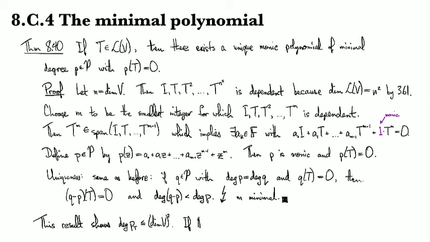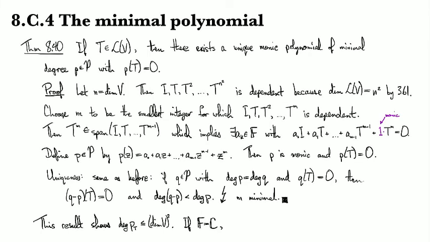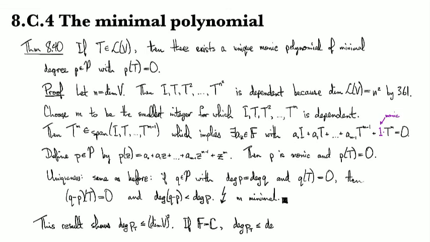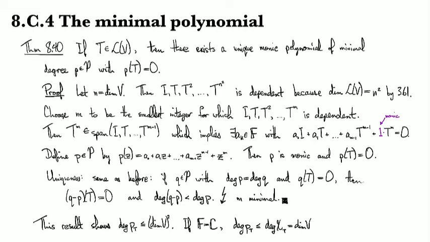And if we have that we've got a complex vector space, then the degree of the minimal polynomial is going to be bounded by the degree of the characteristic polynomial, as we saw in the previous clip, which is equal to the dimension of V. So that's a big improvement from dim V squared all the way down to dim V. And that follows by Cayley-Hamilton.